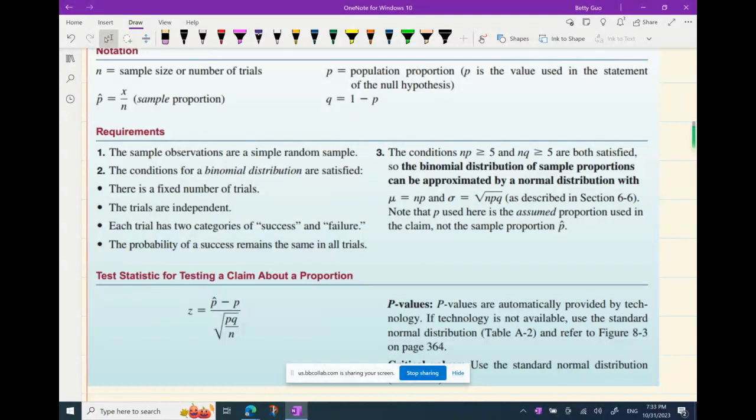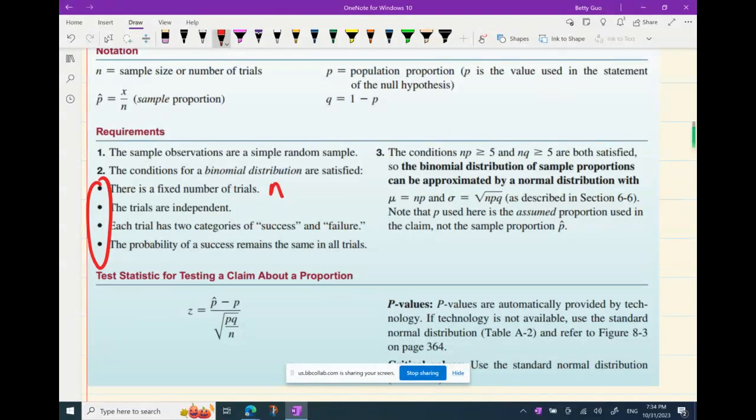The second requirement is that the conditions for a binomial distribution are satisfied. We have 4 conditions for a binomial distribution. They are those 4. There is a fixed number of trials, let's say n trials, and n is a fixed number.